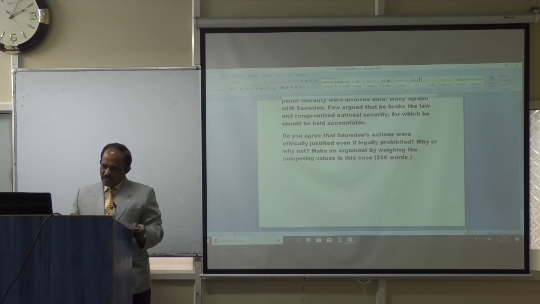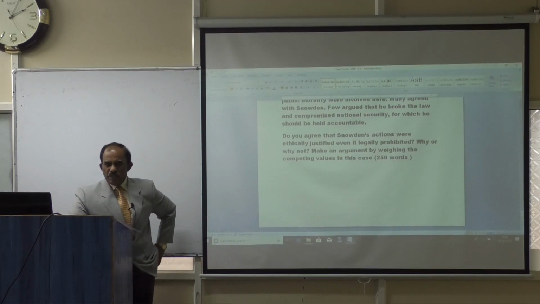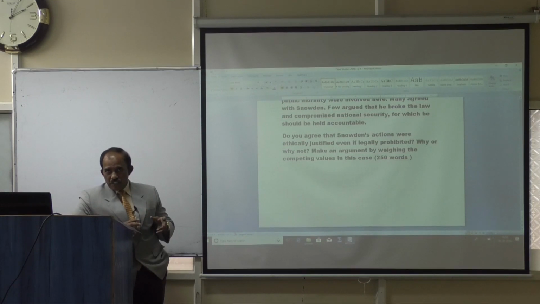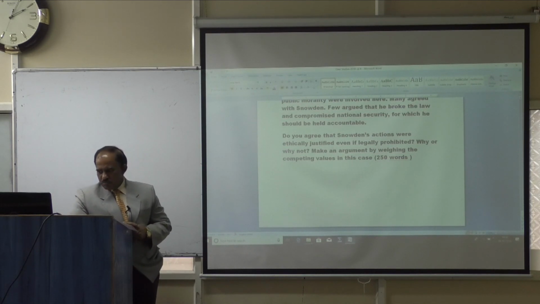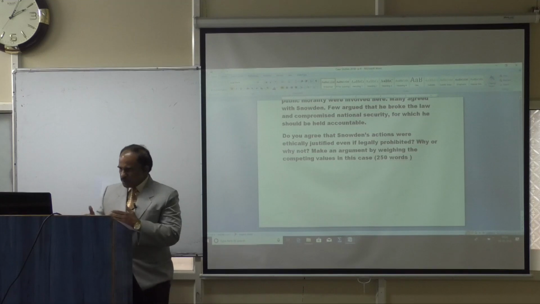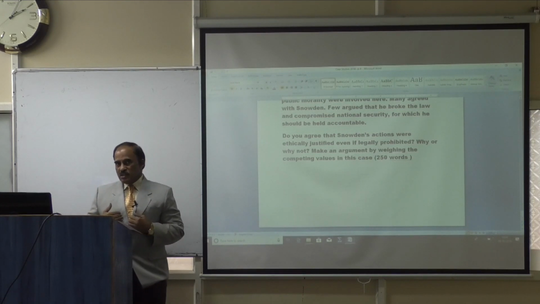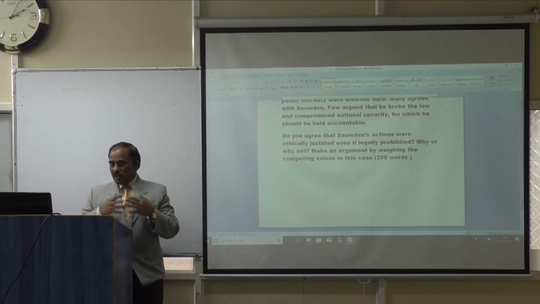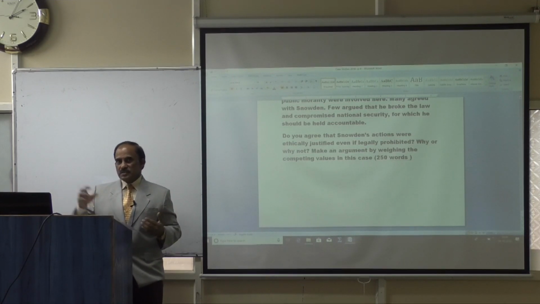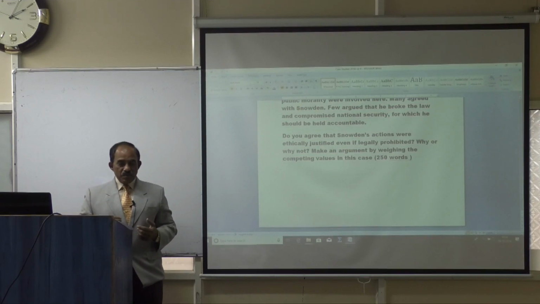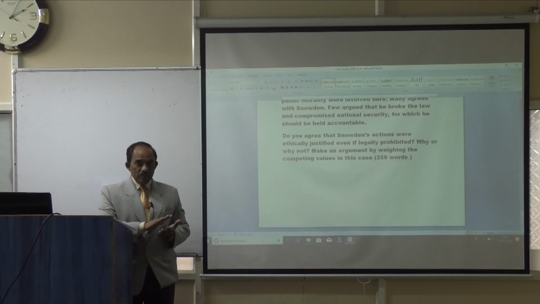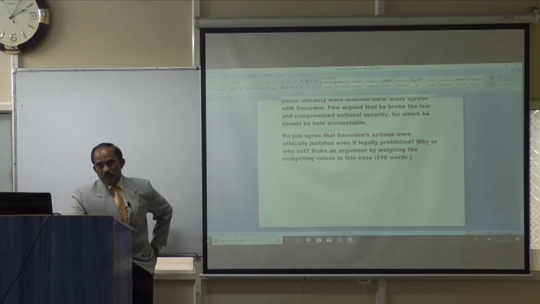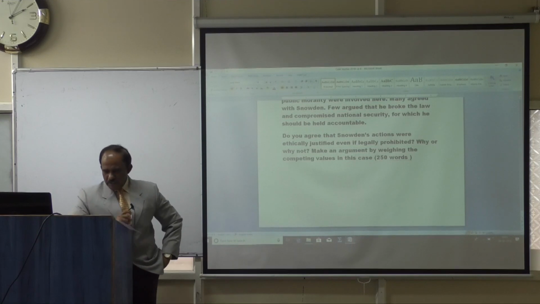Apparently, if you look at this action of Snowden, it appears to be ethical because he is helping transparency in the administration, and at the same time, the people's secrets are not being released for some other purpose. So they are now aware of why this surveillance is being taken, whether it is for their benefit or against their benefit, so that they can protect their rights. From that point of view, it appears to be ethical.